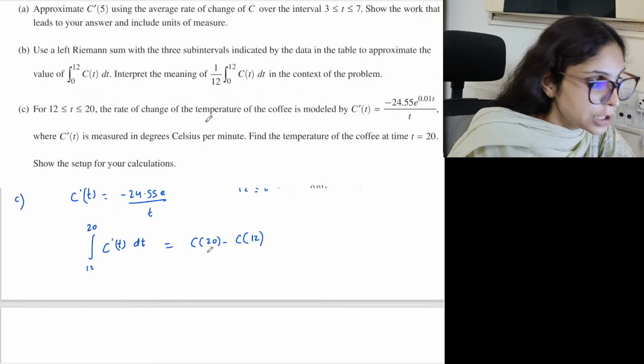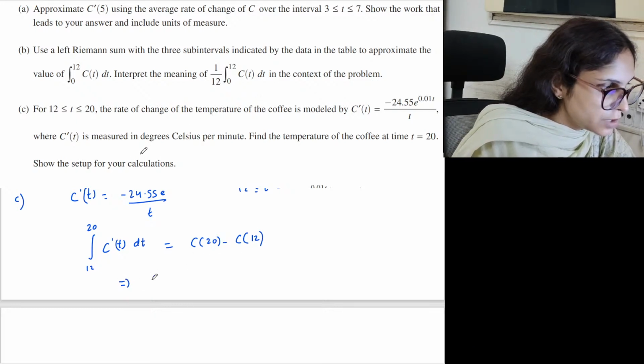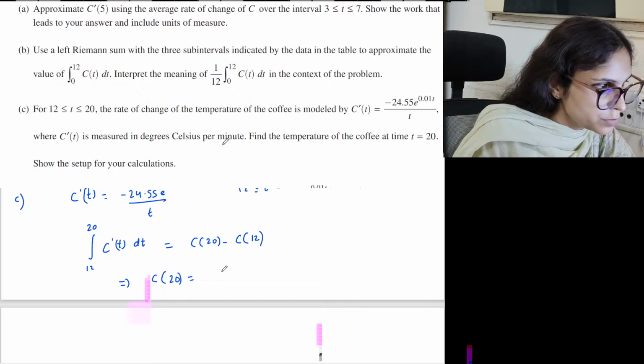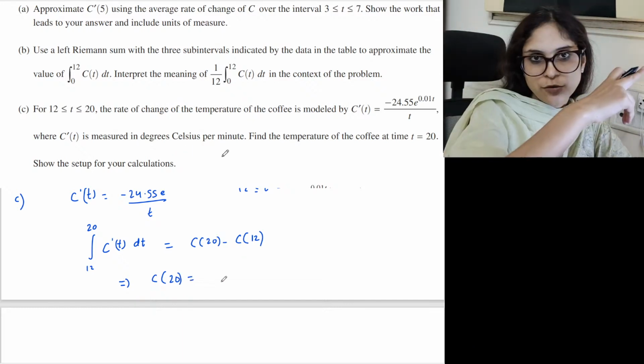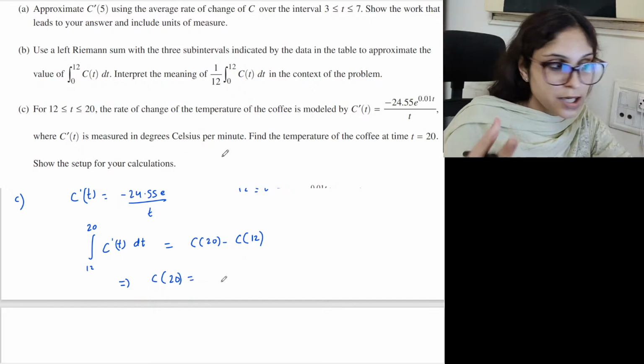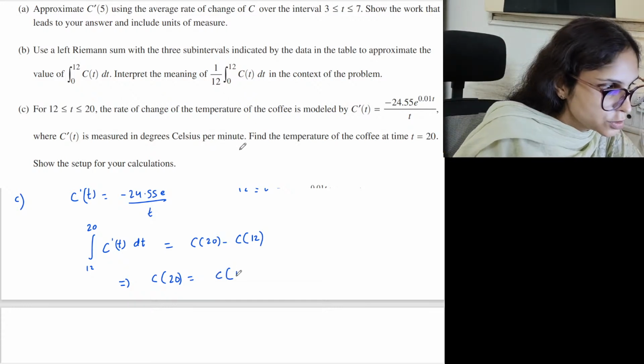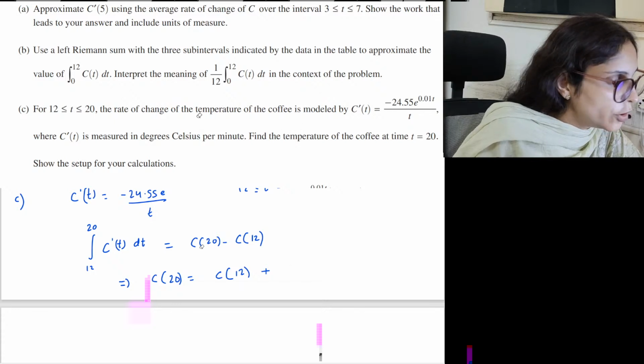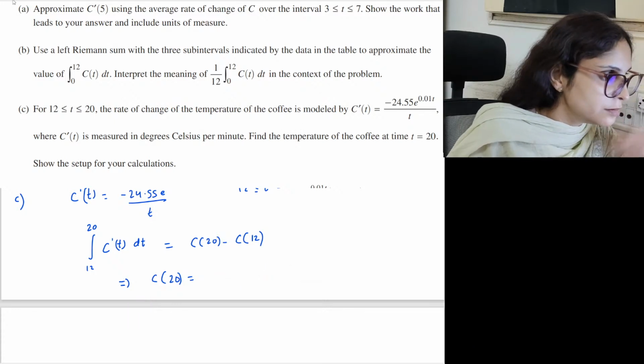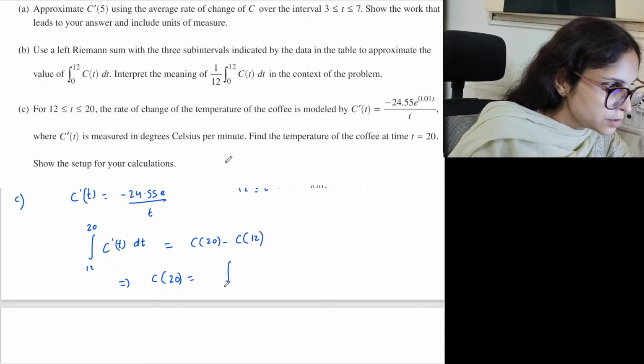Now they want to find the value of C of 20. So from here, I can say that C of 20 is going to be, you can add C of 12 on both sides. So this will be C of 12 plus, or you can first do integration and later add, it is your choice, but it's the same thing.